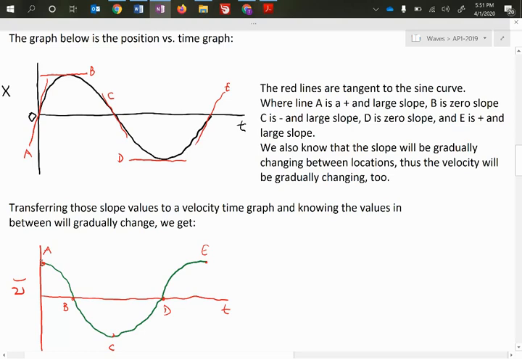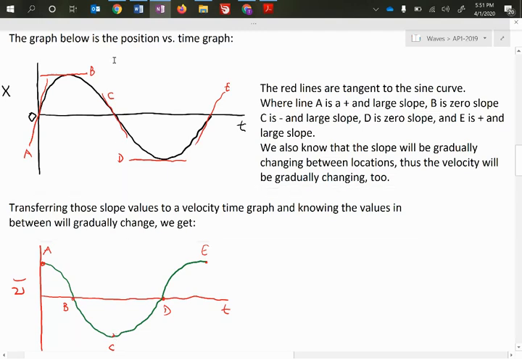So the velocity is going to change from large positive to zero. As the position goes from B to C, our slope is going to change from zero to big negative. So from B to C, our velocity will change from zero to big negative.